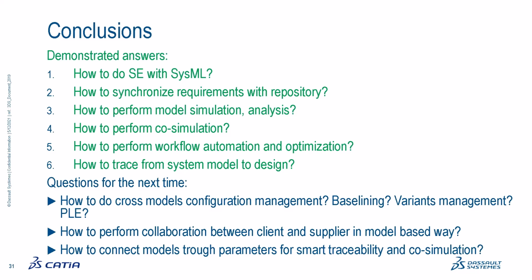And for the future, we still leave some questions: how to do cross-model configuration and management, which we haven't covered here, and how to do baselining, variant management, and product line engineering. All of that is core parts of model-based systems engineering, and we need to demonstrate that separately.